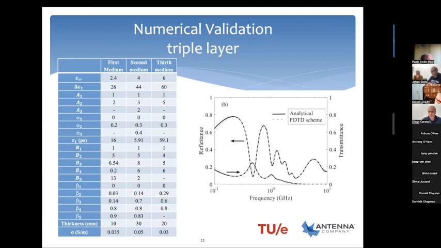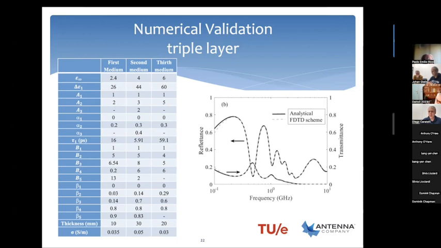A more complex test case is shown here, relevant to a triple multi-layered material, consisting of three different dielectrics with the dispersive parameters reported in the table on the left-hand side. Also in this case, the benchmarking of the developed FDTD technique with our analytical model is pretty successful.